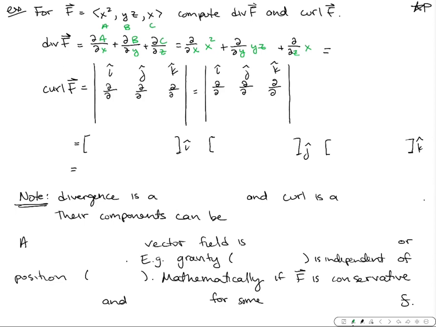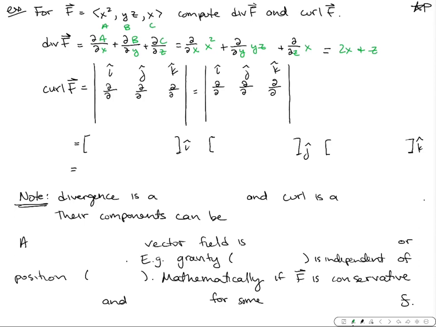So d/dx of x squared gives us 2x. And then d/dy of yz is just going to give us z. And then d/dz of x is actually just going to give us 0. And maybe you just want to leave that off entirely because it doesn't do anything, the plus 0.